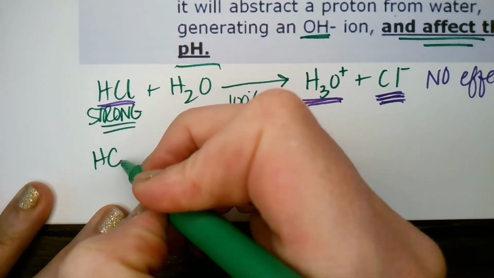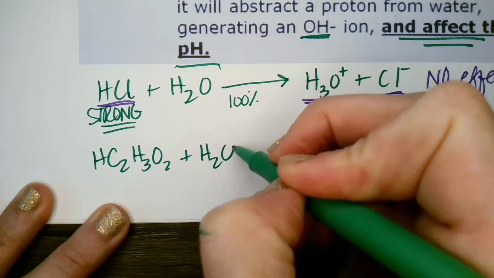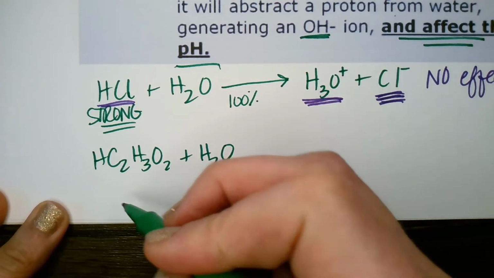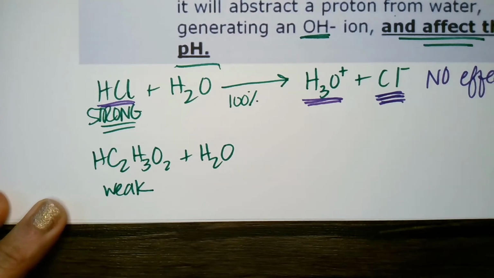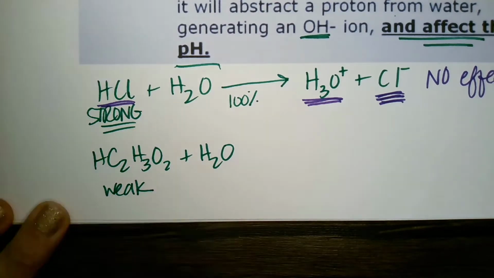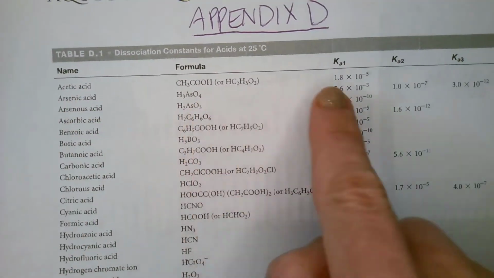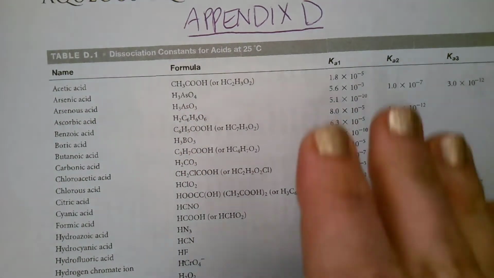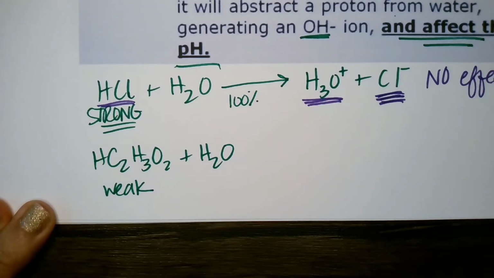Let's look at our other example, acetic acid. So we have HC2H3O2 in water. We know that this is a weak acid. How do we know it's weak? Well, it's not part of the 7 that we memorized, and we can find it on our Appendix D. We have acetic acid, there's a Ka constant to it.